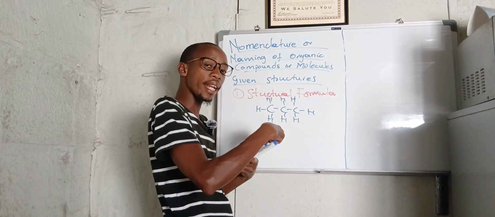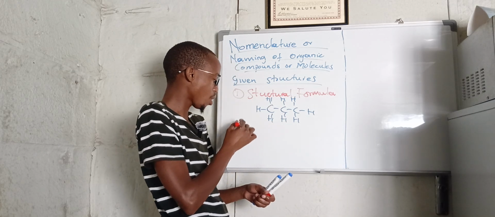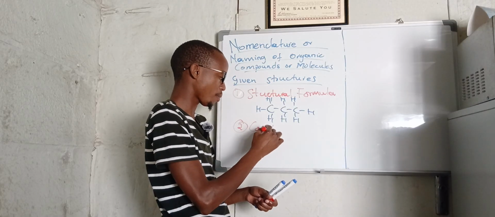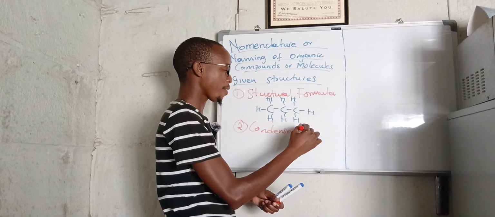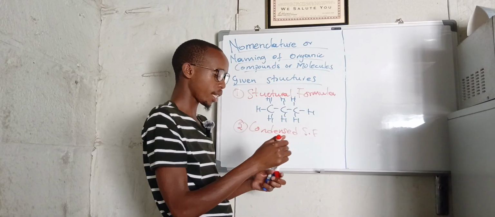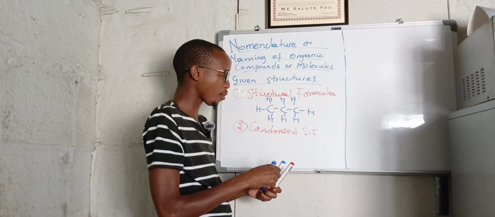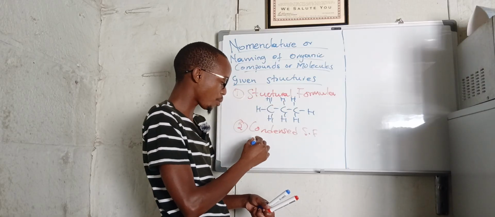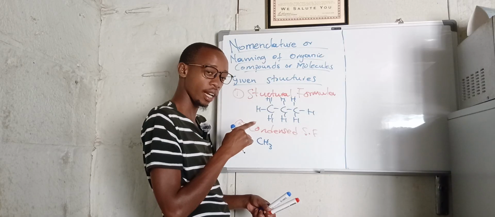So another type of structure is what you call condensed structural formula. I'll use SF for structural formula. If I were to write the condensed structural formula of this molecule, how do you write it?